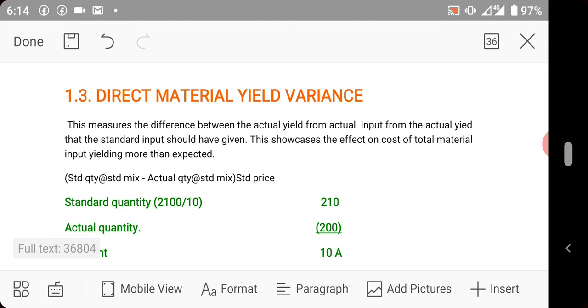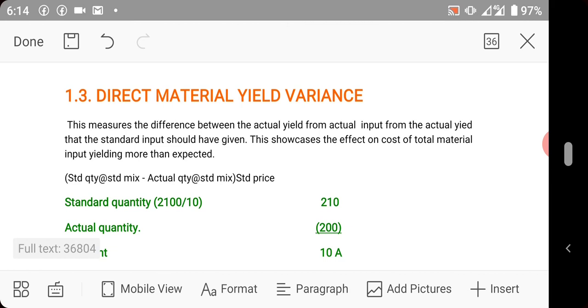You understand? The formula is simple. Standard quantity as standard mix minus actual quantity as standard mix. That is just how simple it is. Now, the standard quantity and standard mix and the actual quantity and standard mix.